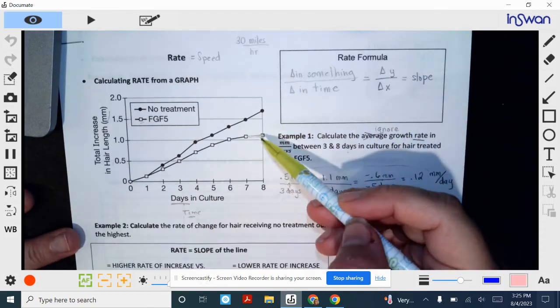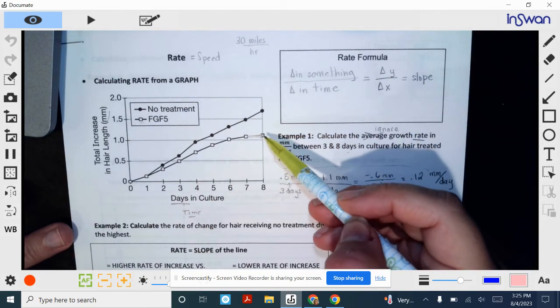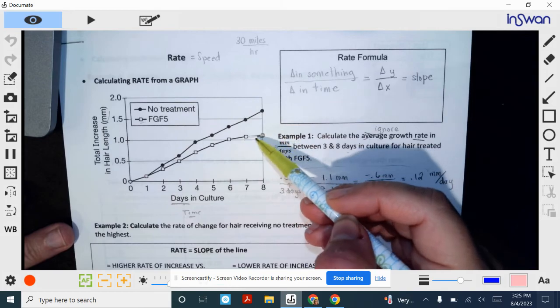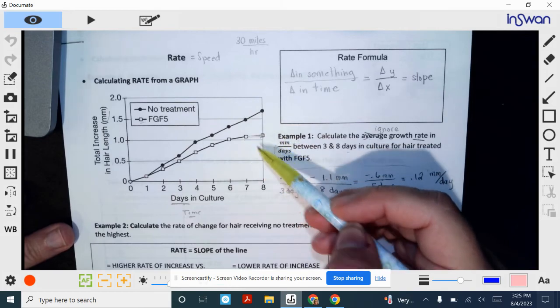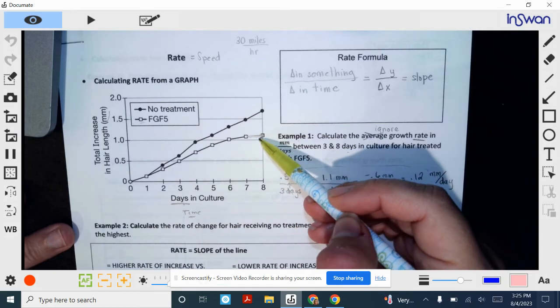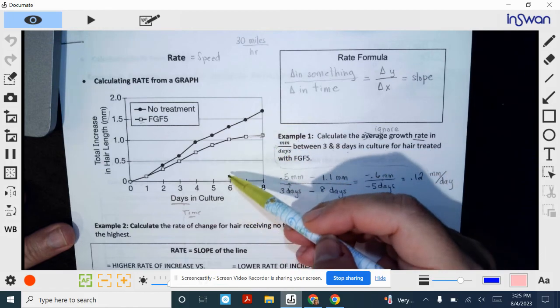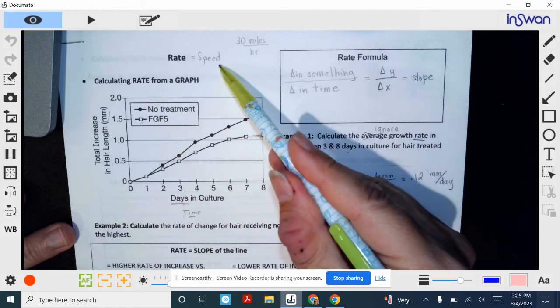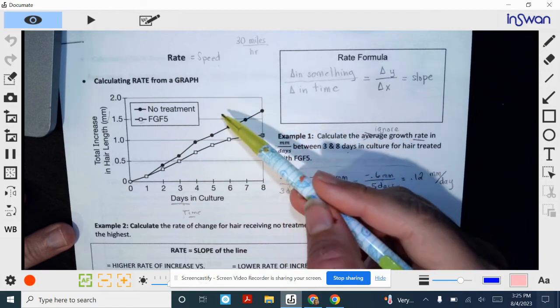So make that a flat line. Then at this time, what this means is between day 7 and day 8, there was no growth. The rate of growth is 0. There's 0 growth. Okay. So again, changing something over time, you can tell how fast or the speed at which something is occurring by studying the slope of the line.